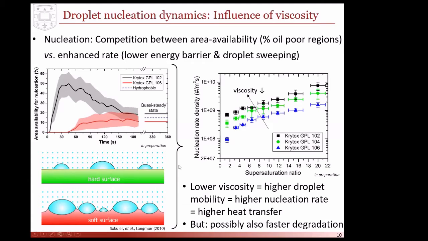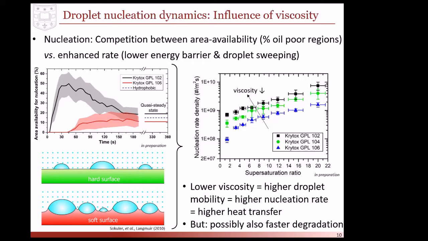What we measured here were 1 micron size droplets and the number rate density as a representation of nucleation rates. And what we see is that indeed, as we decrease the viscosity of our lubricant, we get more smaller droplets, which relates to a higher nucleation rate and potentially higher heat transfer rates.